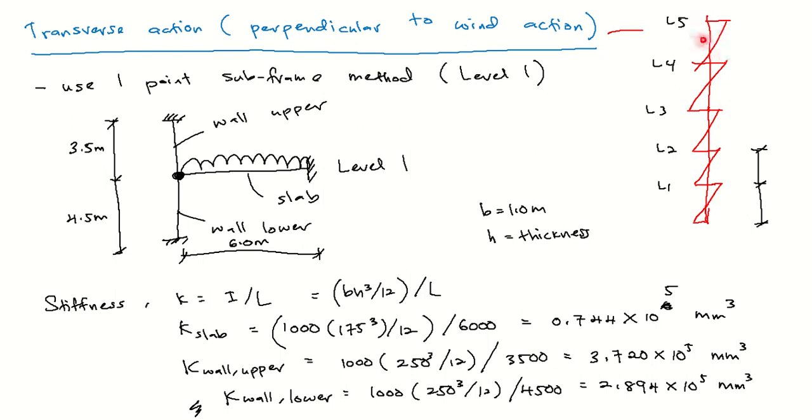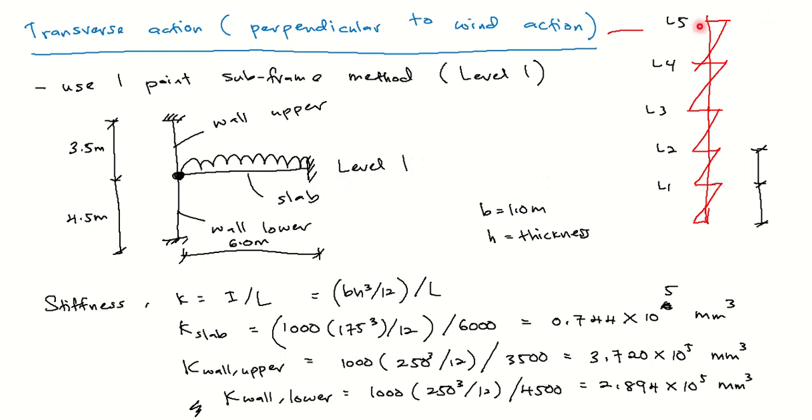We need to figure out what is the moment here and the moment here. In order to do that, we need to use the same step here, to figure out firstly at the roof level. For level 1, we get the value here and the value here, right?